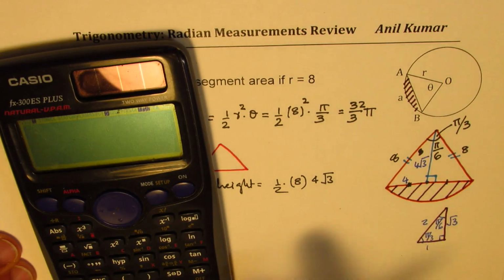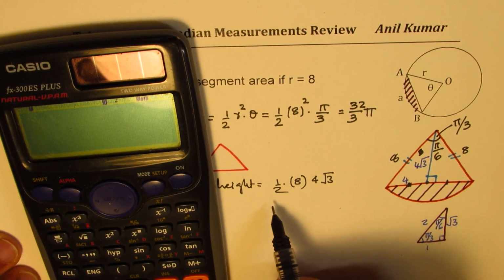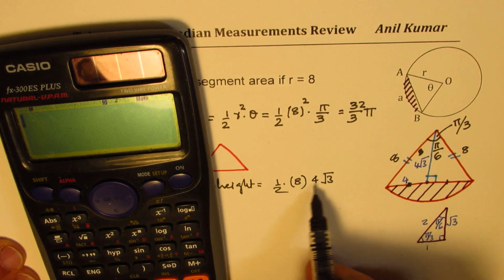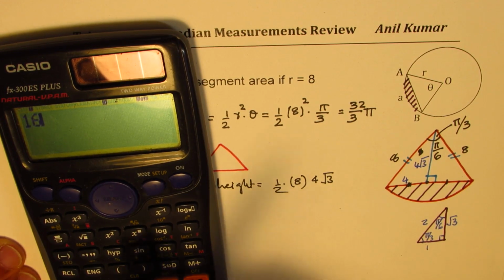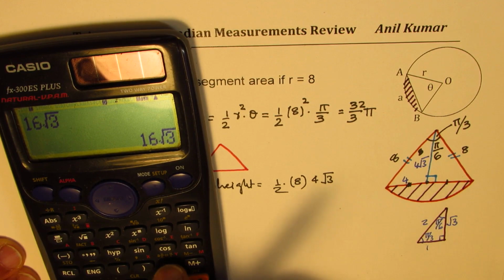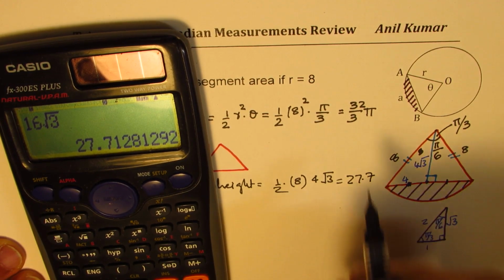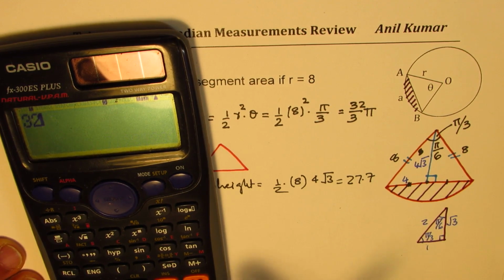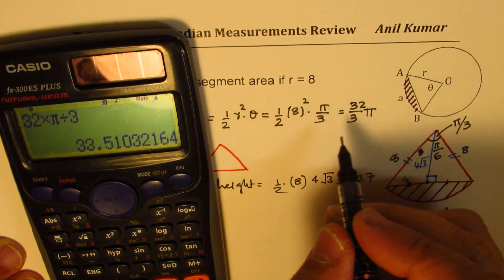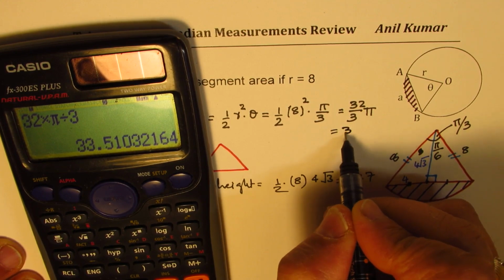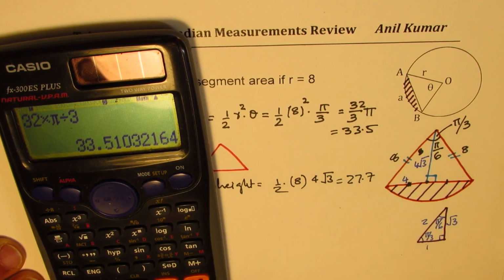We can write the decimal equivalent of both. Half of 8 is 4, and 4 times 4 is 16. Basically 16 square root 3 we want to find, which in decimals is equal to 27.7. And 32 times pi divided by 3, in decimals, is 33.5.